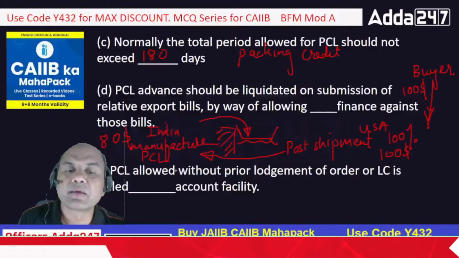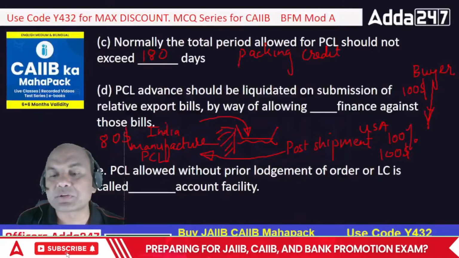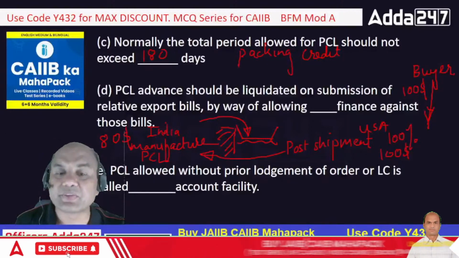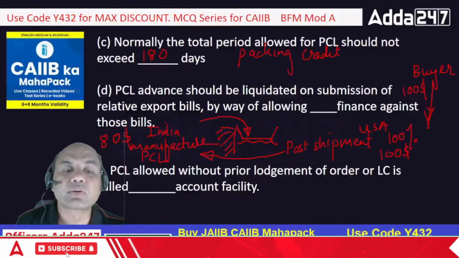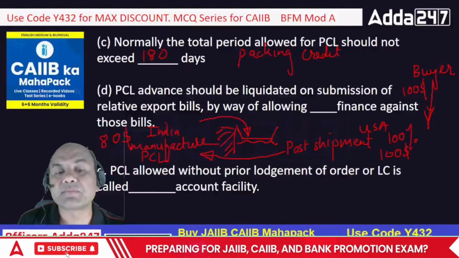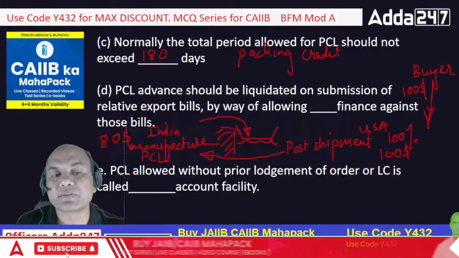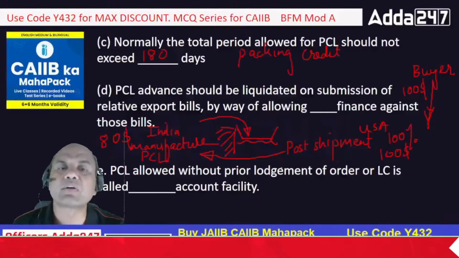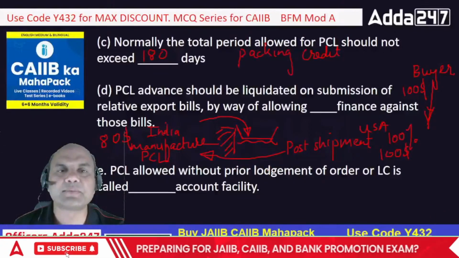PCL allowed without prior lodgement of order or LC is called as dash account facility. Now this is for some specific customers who are good enough. We know them by their overall stature, like Reliance, Tata, or any customer. These are just 2-3 names I gave.